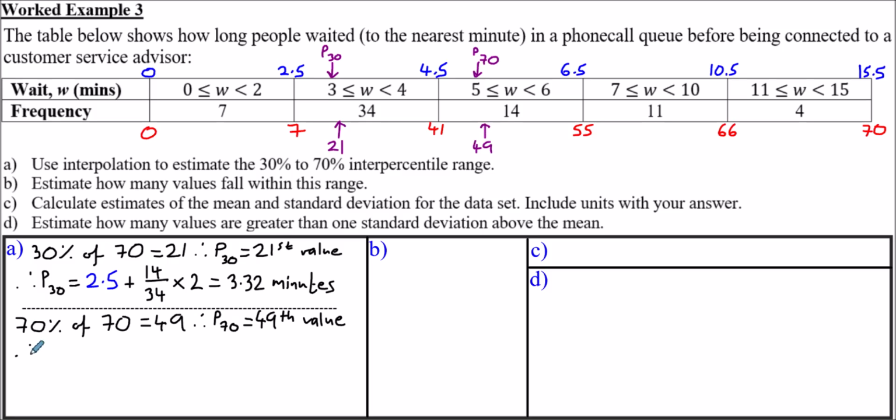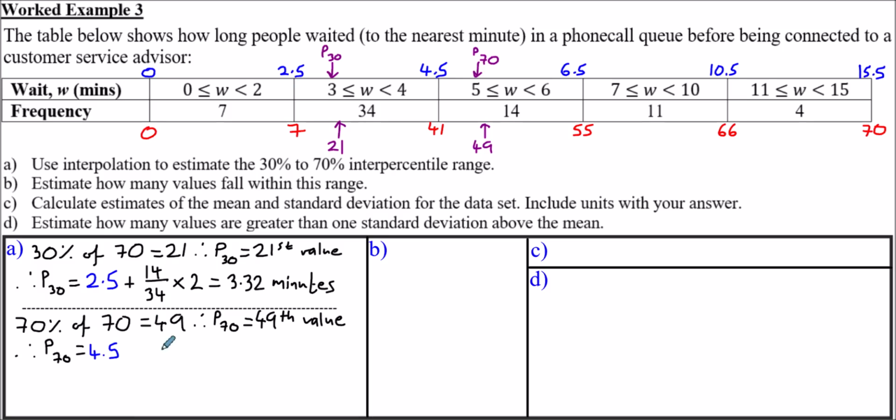So we can now form an estimate for the 70th percentile. We start where the interval starts. The interval where the 70th percentile is in, from 5 to 6, begins at 4.5. So we start with 4.5.